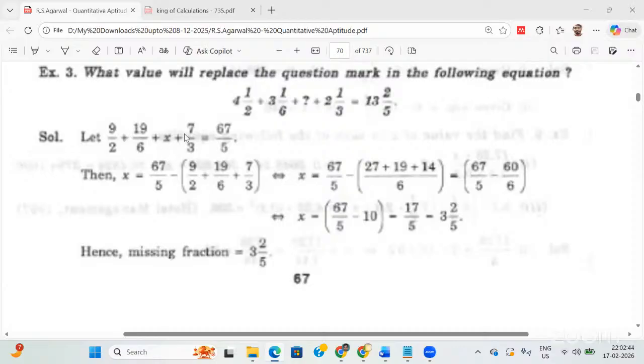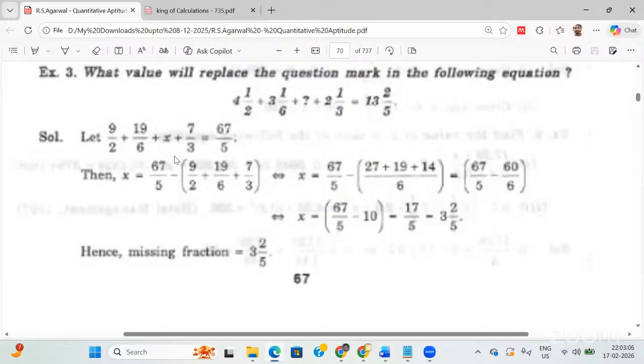This is your 9 by 2 plus 19 by 6 plus 7 by 3 is equal to 67 by 5. And if I consider simple equation operation, then x is equal to something already given here, minus these items which were on the left hand side.